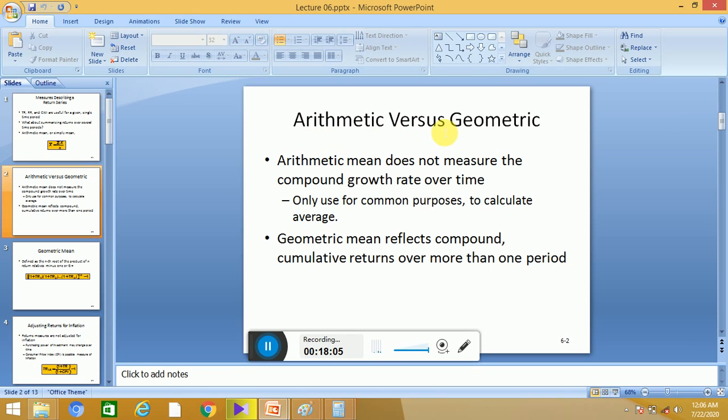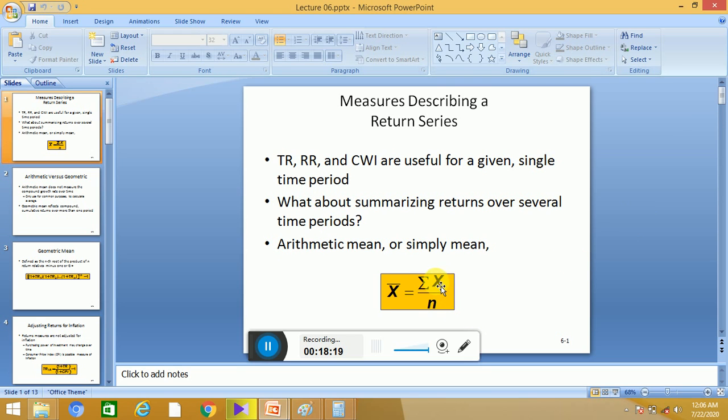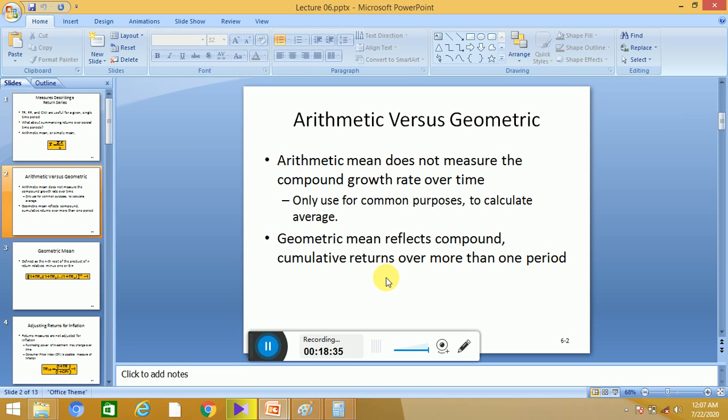Now, arithmetic versus geometric mean. Arithmetic mean does not measure the compound growth rate over time. There is a problem with arithmetic mean. You know about compounding, the compound rate. Arithmetic mean is not measuring the compound growth rate over time.